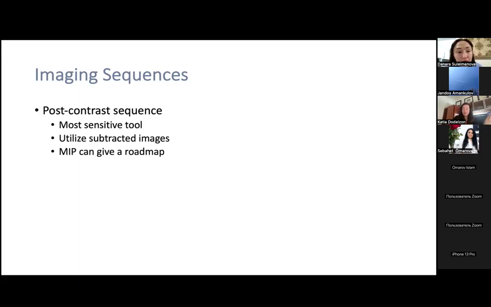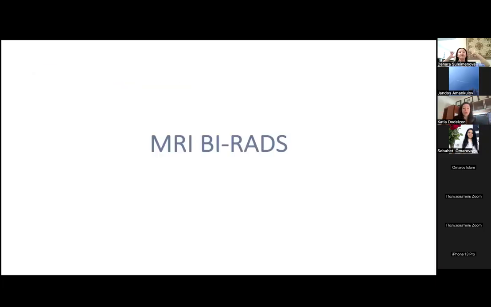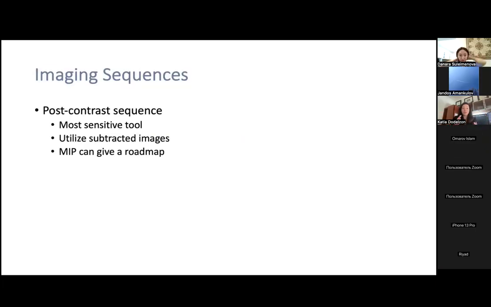Because you have a pre and a post contrast image, with most software, your technologist or you yourself can create a subtraction image, which will show you only T1 brightness for anything that takes up contrast. So that subtracts anything that was inherently T1 bright on the pre-contrast images, like blood or protein.